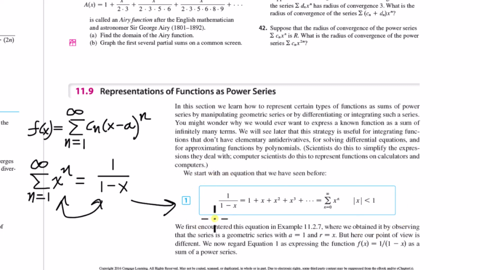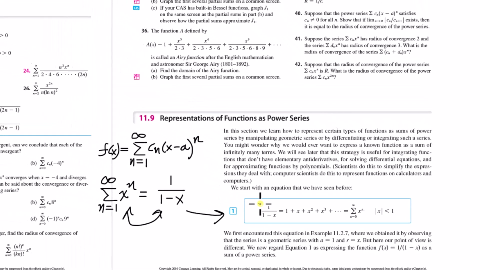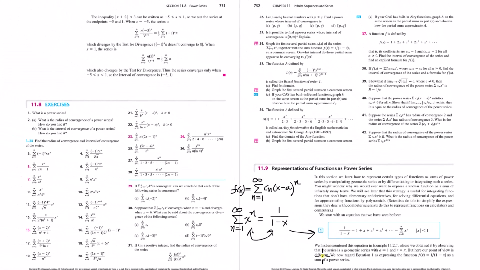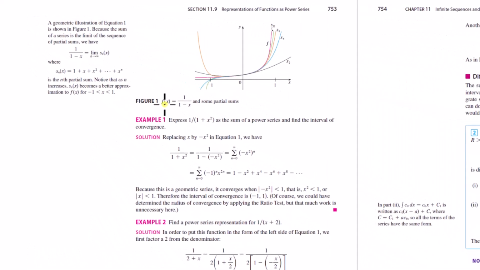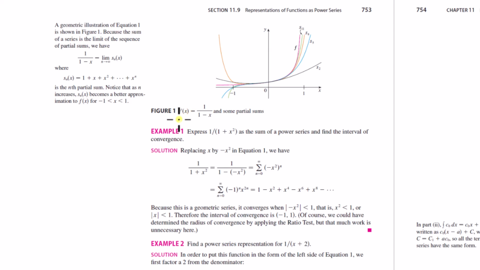Okay, well, we're first going to look at how can we do manipulations. How can we manipulate this? Well, actually, first, let's take a look at this figure. The function 1 over 1 minus x, you can see this red curve here, f. But then they give different s sub n's.